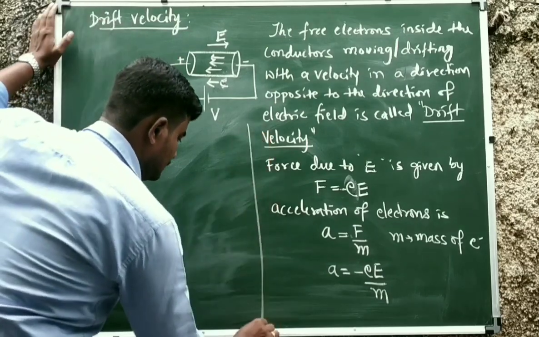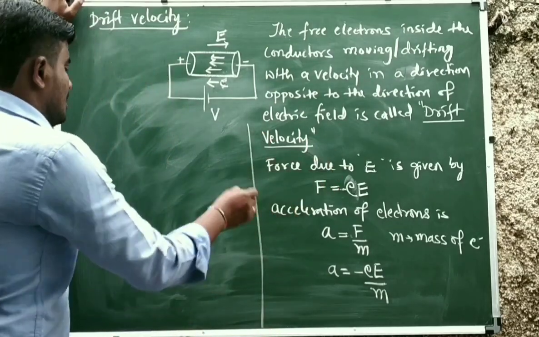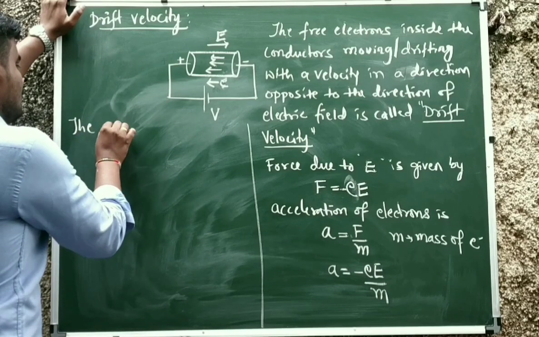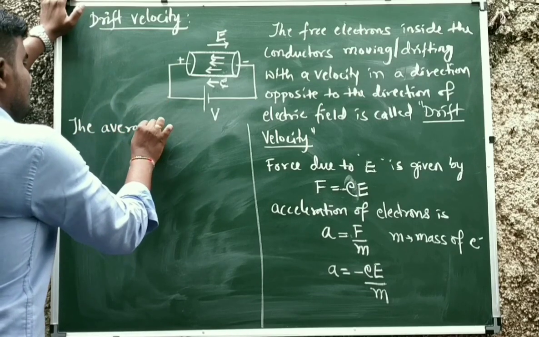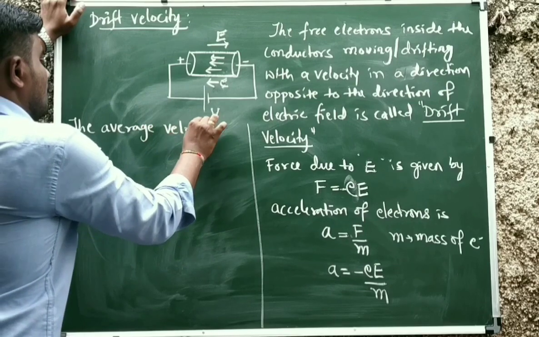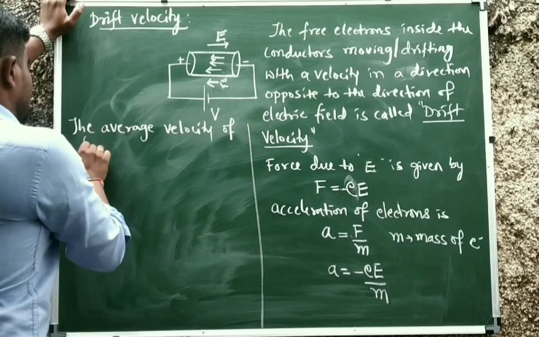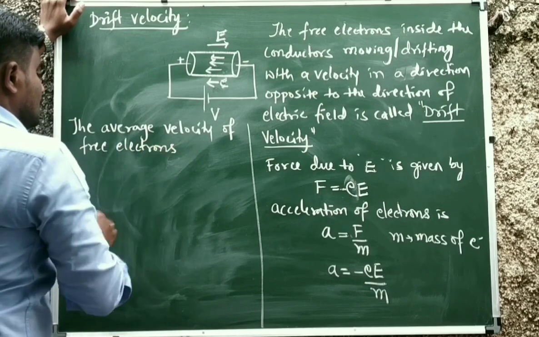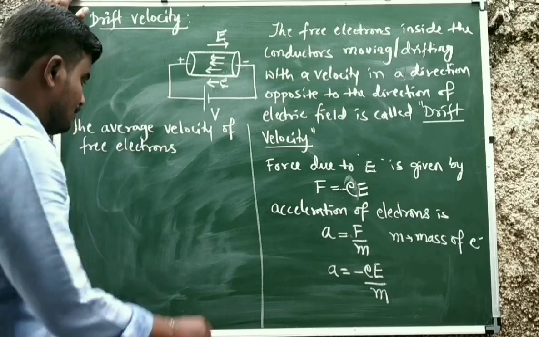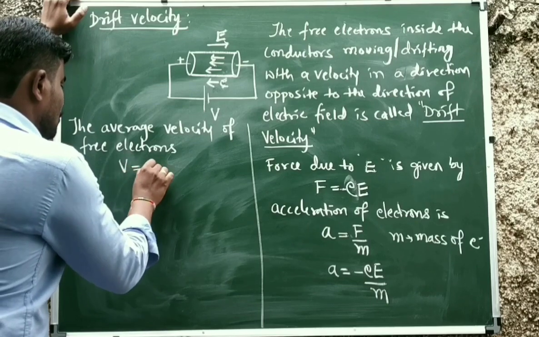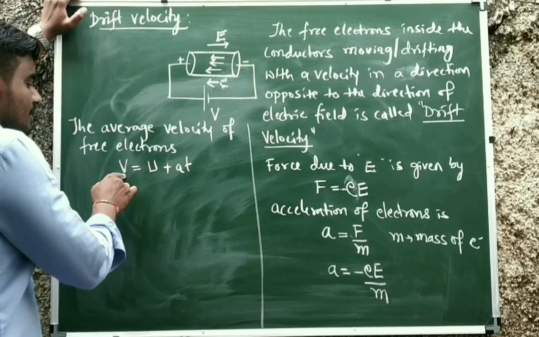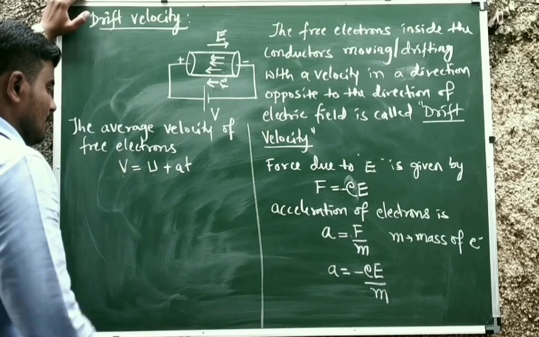And the average velocity, because many electrons are there, therefore the average velocity of free electrons we can find with the help of the equation of motion, v = u + at, where v is final velocity and u is initial velocity.